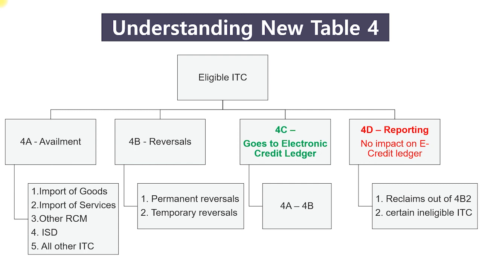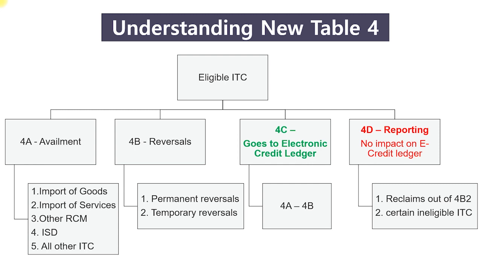So I repeat, 4A talks about availment, 4B about reversals, 4C is what hits the electronic credit ledger, 4D is only a reporting table.